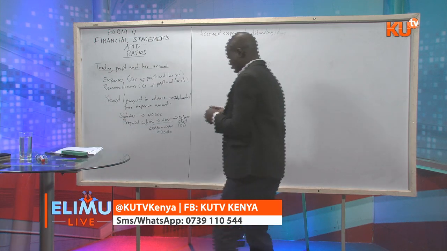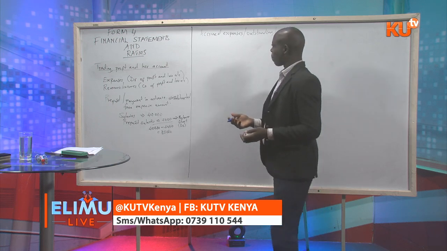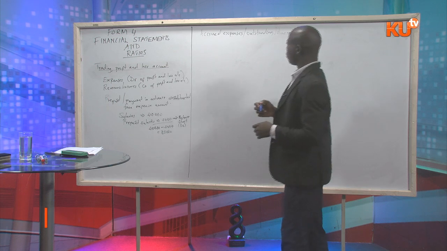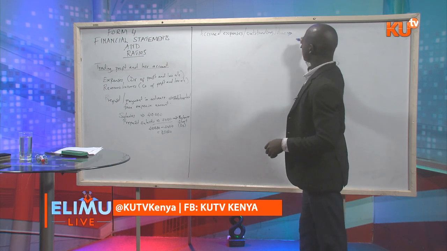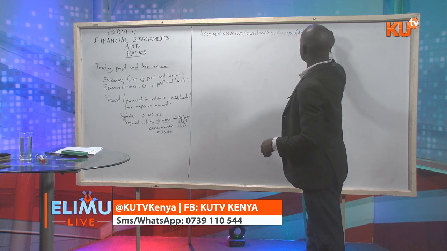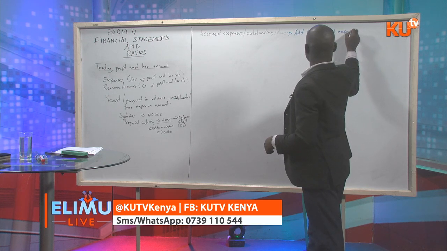These payments are made after the service has been offered. And so when we are adjusting, we consider the actual expense account, and then we add the accrued expenses.